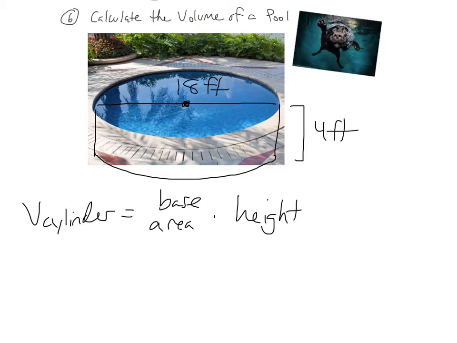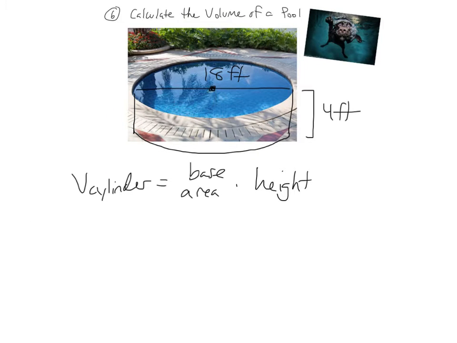So what are the bases? Well, the bases are going to be the top and the bottom, right, are circles. And so we need to find that base area. So how do we do that? Well, area of a circle is what? Pi r squared, right? So to find our base area, we're going to take pi times our radius, which, if the diameter is 18, the radius is 9, and we're going to square that, okay?